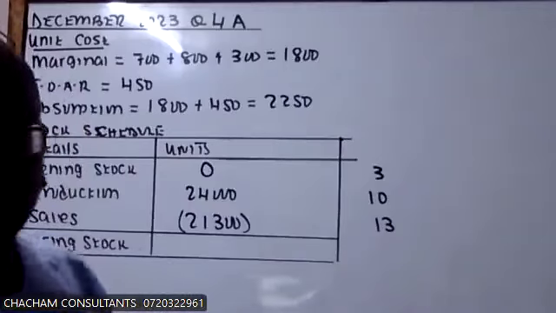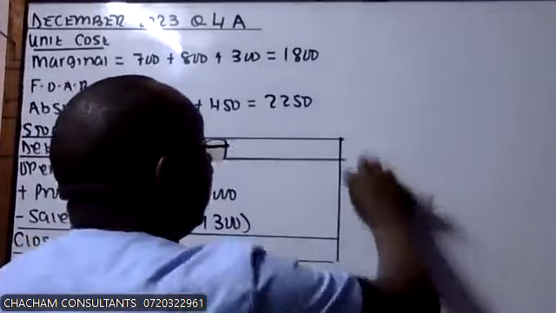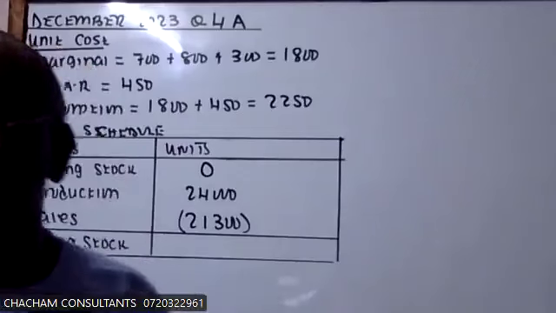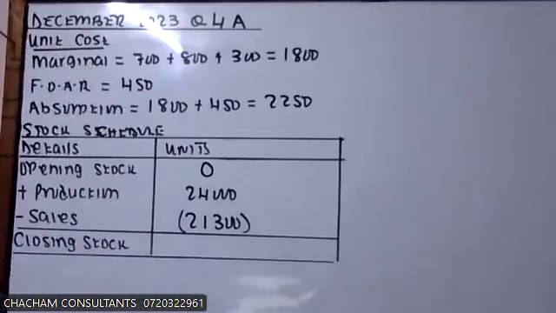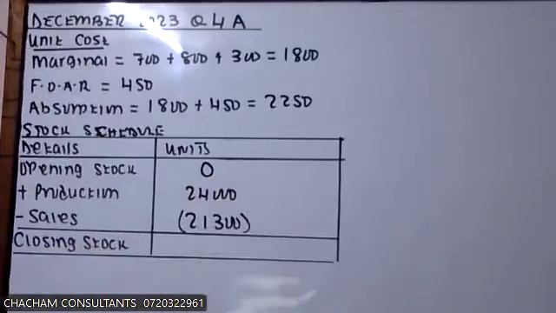For this question, we are further told that this was the first year of operation. So it means they did not have the opening stock. So tell me now, the closing was how many units?